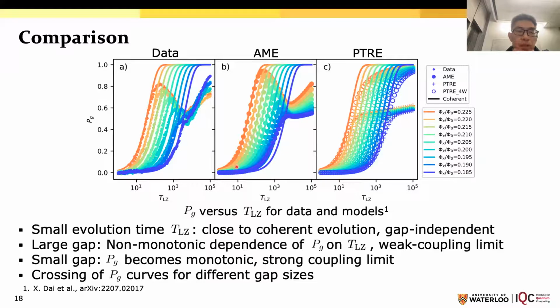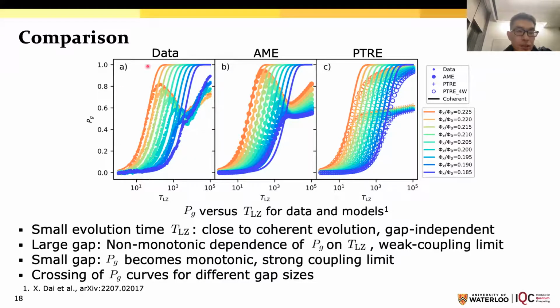So the ordering is always the same, no matter what the evolution time is. When we look at the PTRE, it's also the same. The larger gap data always gives higher ground state probability.